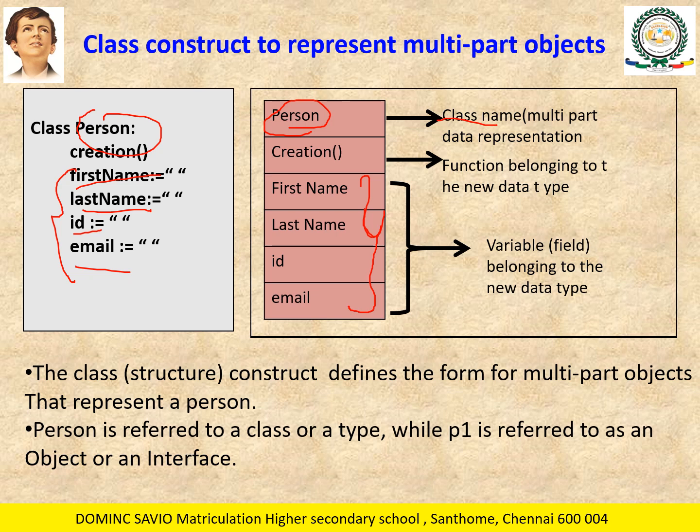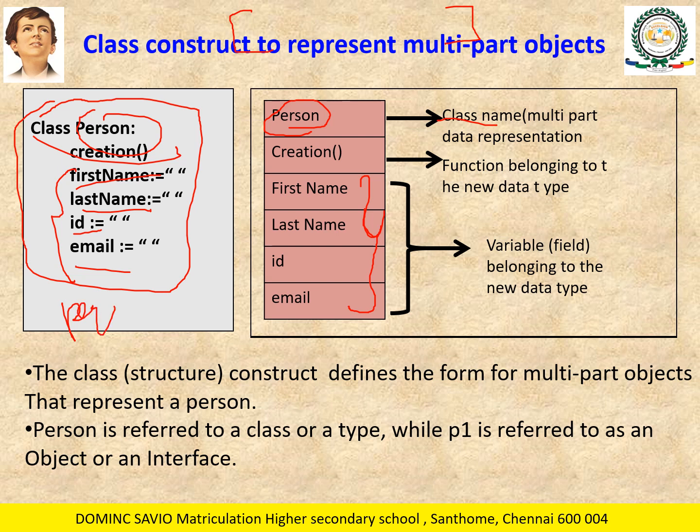Instead of assigning it in a list and writing 100 lines of code for 100 children, I execute this class once. Only the first time I'll write this set of code. Next time I'll call only person. I need not write the entire thing again and again. When I call person, automatically this class will be called and I can enter all the data of the children and students. So this is how you access a multi-part item.